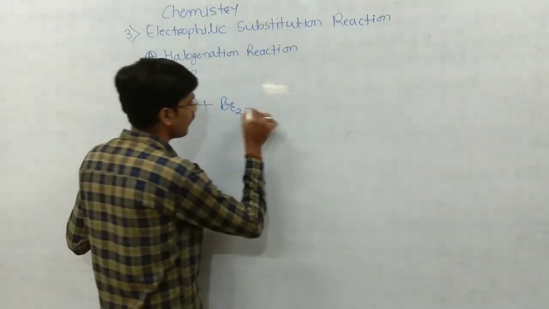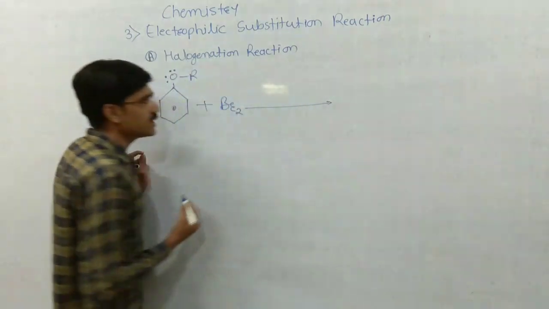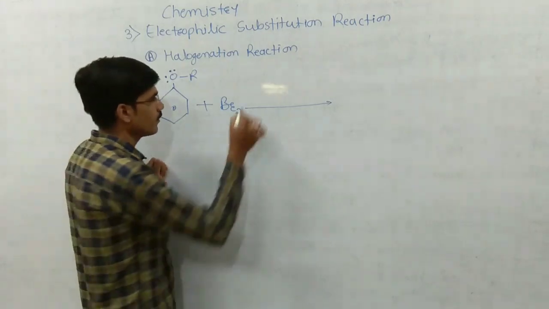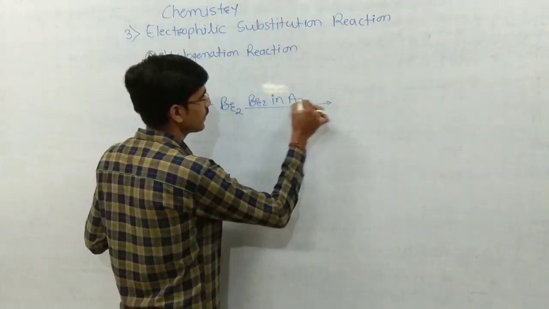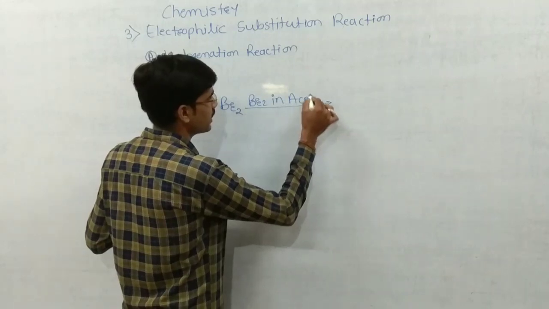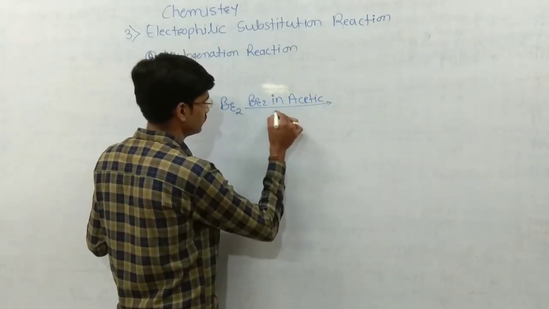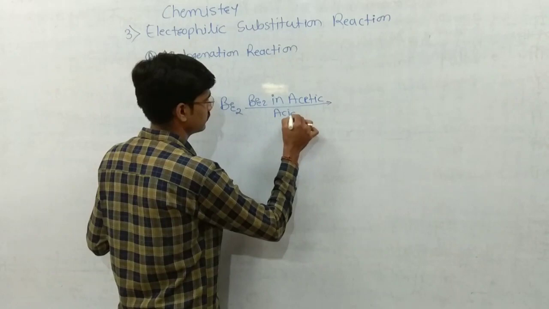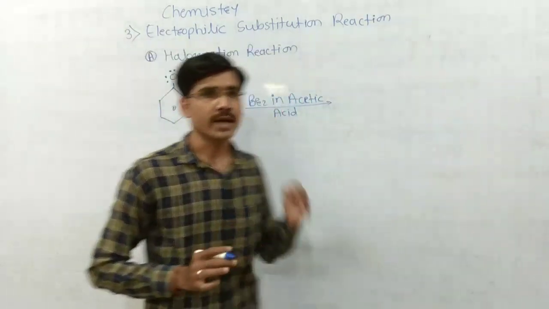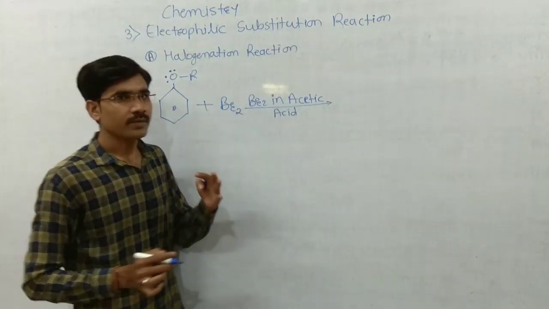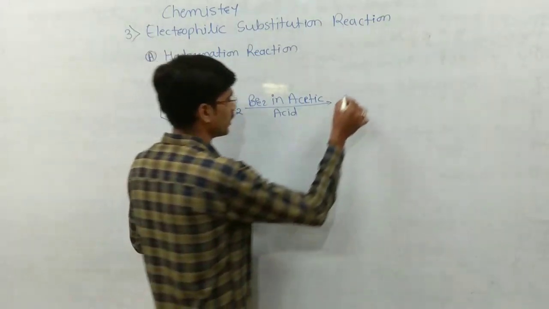This reaction takes place in the presence of bromine in acetic acid. Br2 in acetic acid, we have taken here as catalyst, and we are getting two products, a mixture of two products.